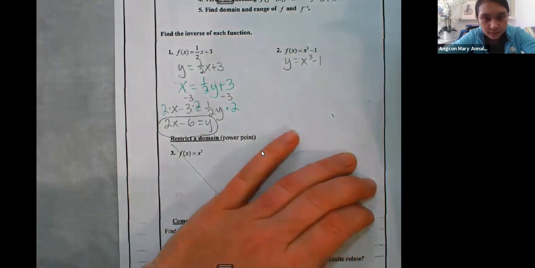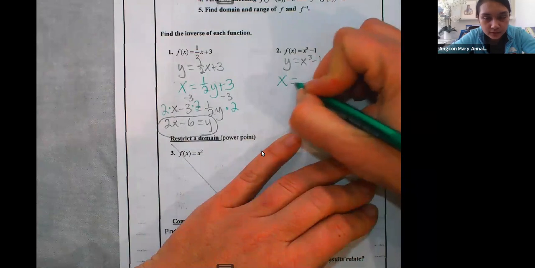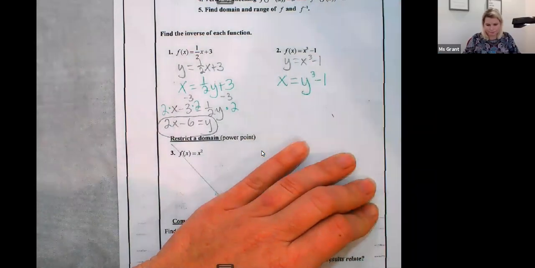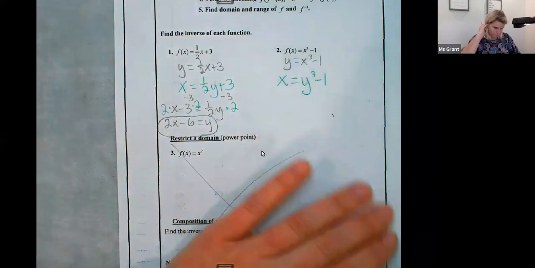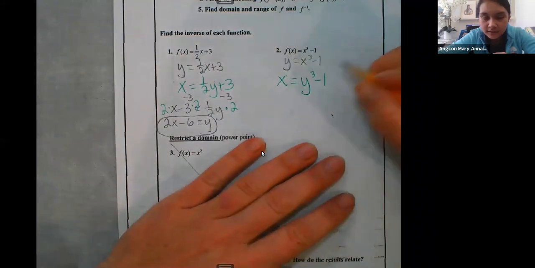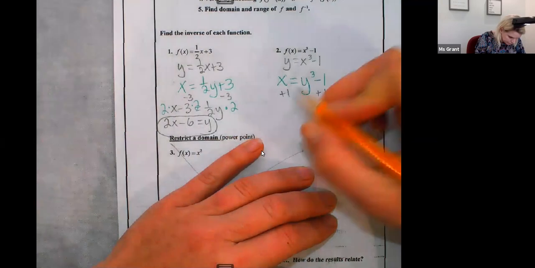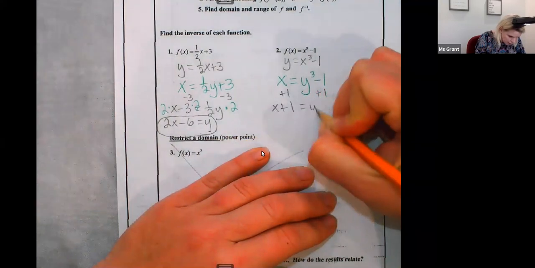First start by switching the x and y, so it becomes x equals y cubed minus 1. Good job. Okay. Do you want me to do the rest? I would love that if you want to. And then you add 1 to both sides. X plus 1 equals y cubed.